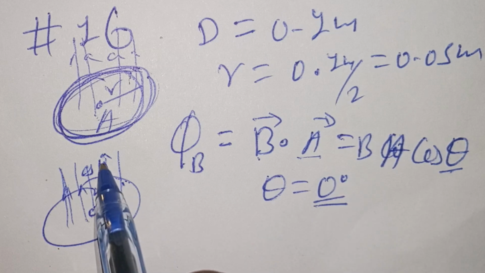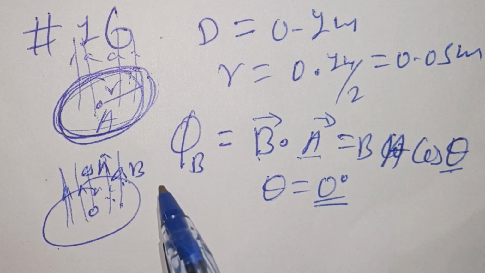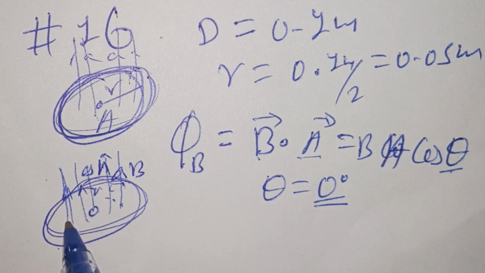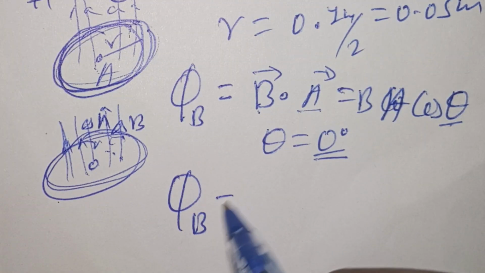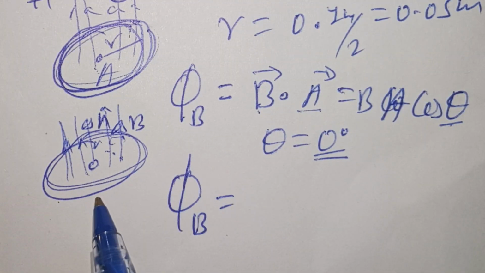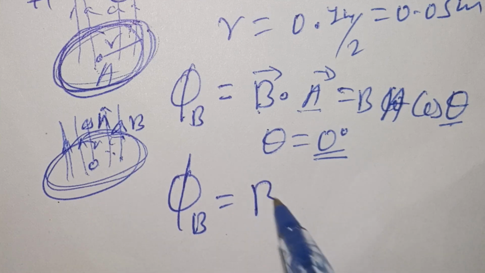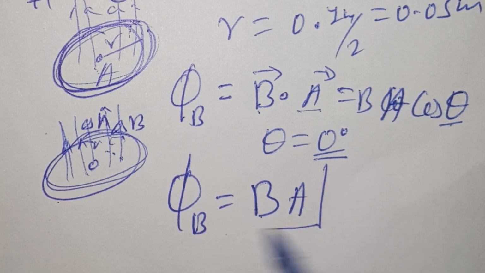The normal of the area and the magnetic field B are parallel with each other. So all the magnetic field lines are passing through the plane of the loop. This means we have the maximum flux. The maximum flux, when the magnetic field lines are parallel with the normal of the area, is simply the product of the magnetic field times the area of the loop.